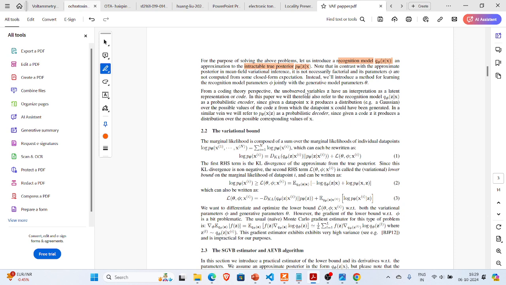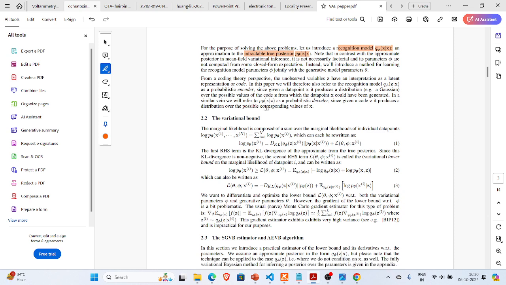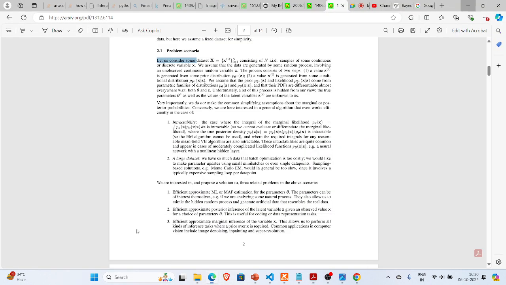In this paper, we'll therefore refer to the recognition model q of z given x, so we're finding z with respect to x, as the encoder. This is how encoder is defined here. This is the first paper of generative models, so we're having good definitions here.